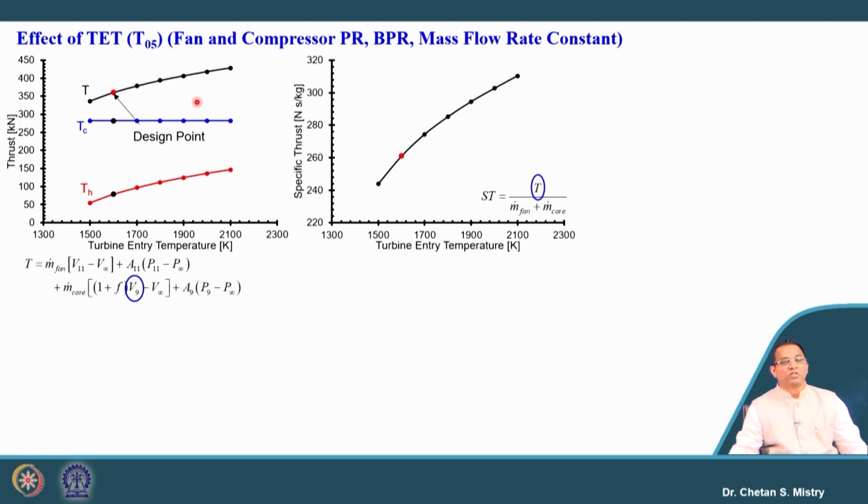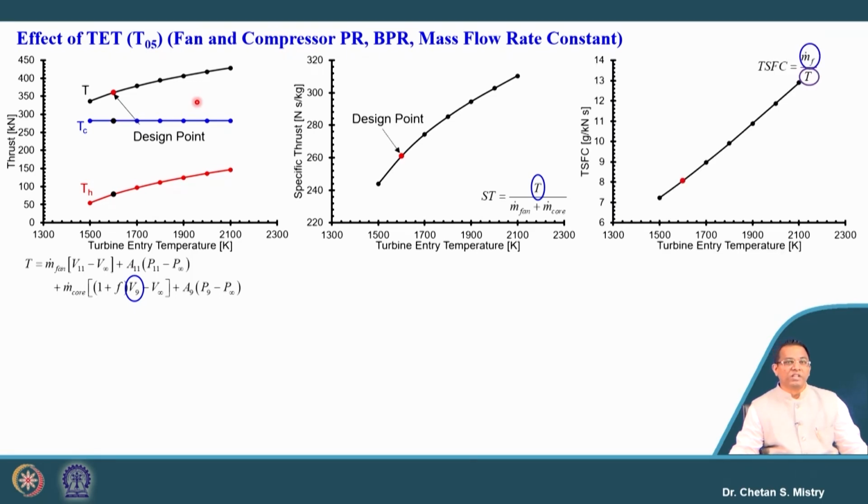Okay. That will be reflected in terms of specific thrust being higher. Okay. And here, since we want to increase the turbine entry temperature, the amount of fuel to be added will be higher, and that is the reason why the thrust specific fuel consumption will be increasing with the increase of turbine entry temperature.